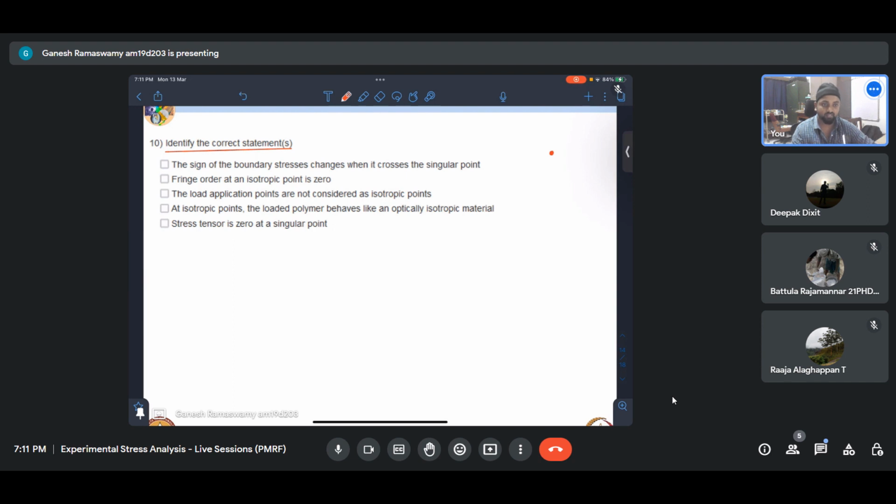So essentially we cannot cross from one point to the other without encountering 0, which is why this holds true, that the sign of the boundary stresses changes when it crosses our singular point.